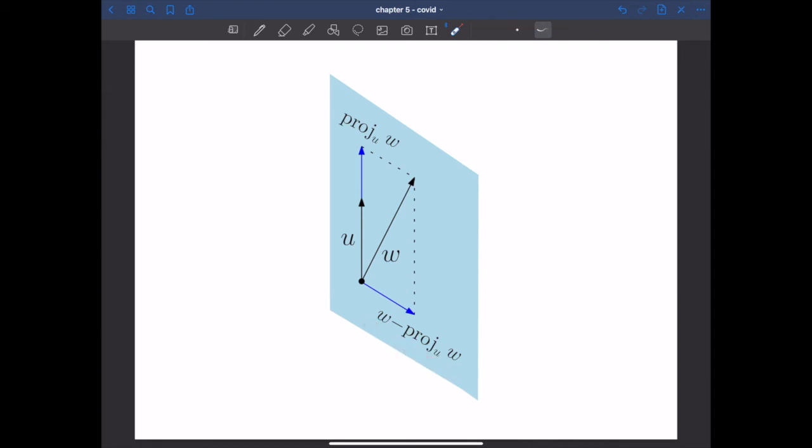So we're taking this vector, subtracting the parallel piece, and what's left over is this piece that's orthogonal. So if I keep the vector u and replace the vector w with this piece, I've obtained an orthogonal basis for the subspace I care about.